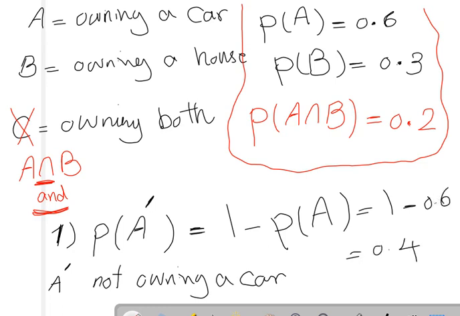It means 0.4 or 40% of the population don't have any car.